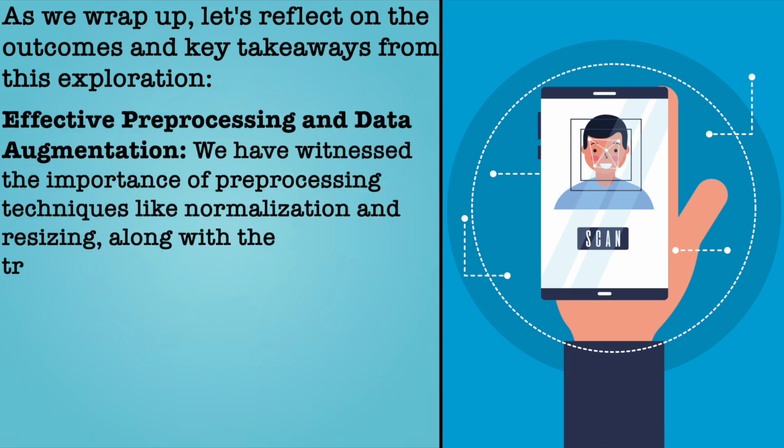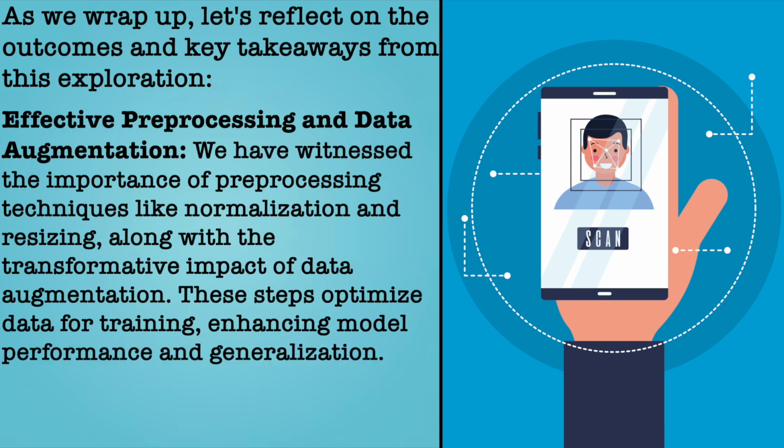Next is effective preprocessing and data augmentation. We have witnessed the importance of preprocessing techniques like normalization and resizing along with the transformative impact of data augmentation. These steps optimize data for training, enhancing model performance and generalization.